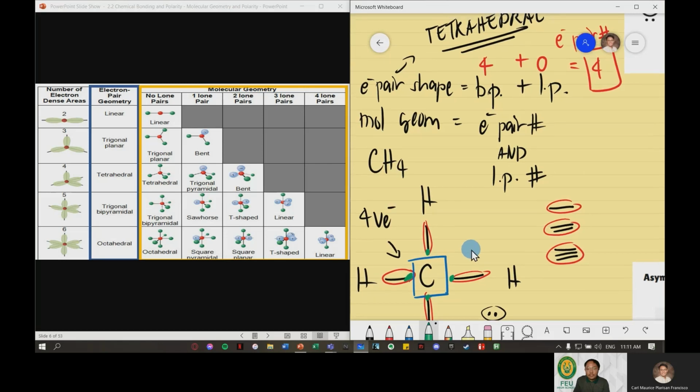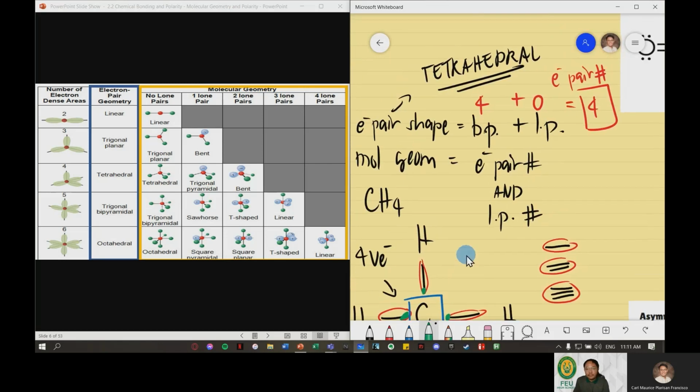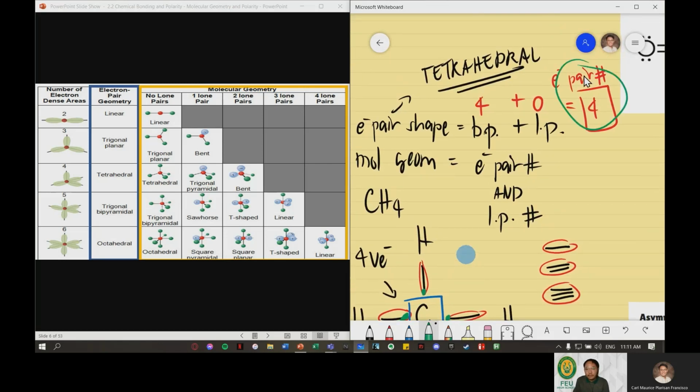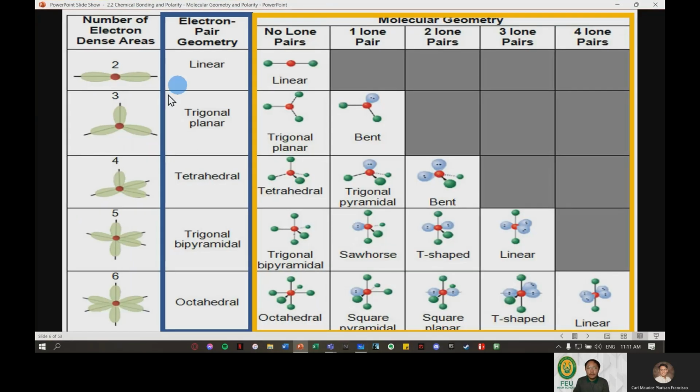The molecular geometry is basing upon the E-pair number and the lone pair number. Look at the definition. Mol-geom is equal to E-pair number and LP number. Your E-pair number is 4 from this summation, and then your LP number is 0. So your basis would be 4 and 0. 4 and 0, look at the table. 4 E-pair number, no lone pair.